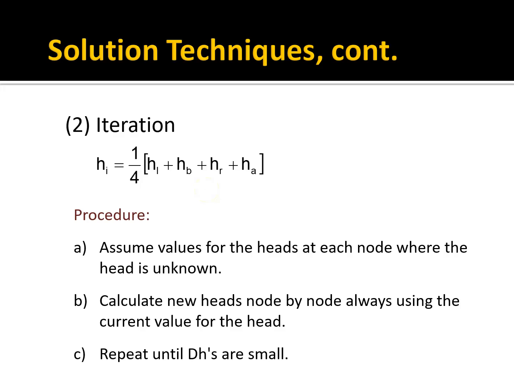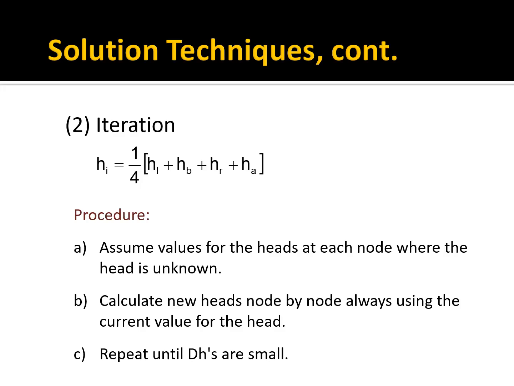Eventually, if you do that enough times, the delta DH, DH is the change in head. This should have been delta H here. Eventually, you look at the maximum head change for a given iteration. And an iteration involves adjusting all of the nodes in the entire grid. That's a single iteration. You keep track of what the biggest head change is during that iteration, and you continue iterating until the largest head change is smaller than some tolerance.